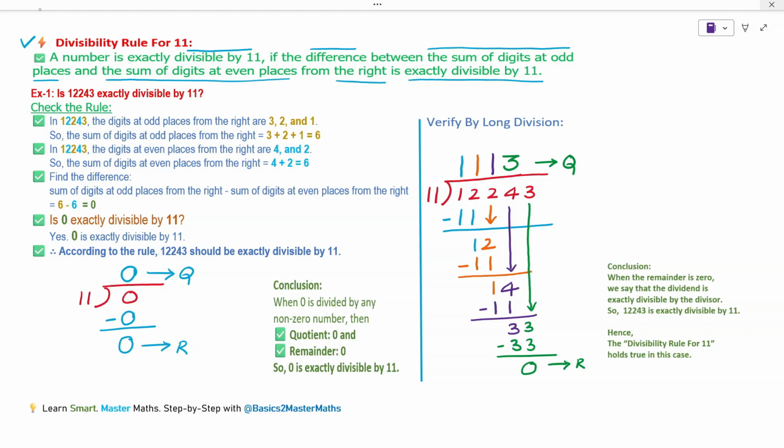Got it? Let us try to understand this rule with an example.